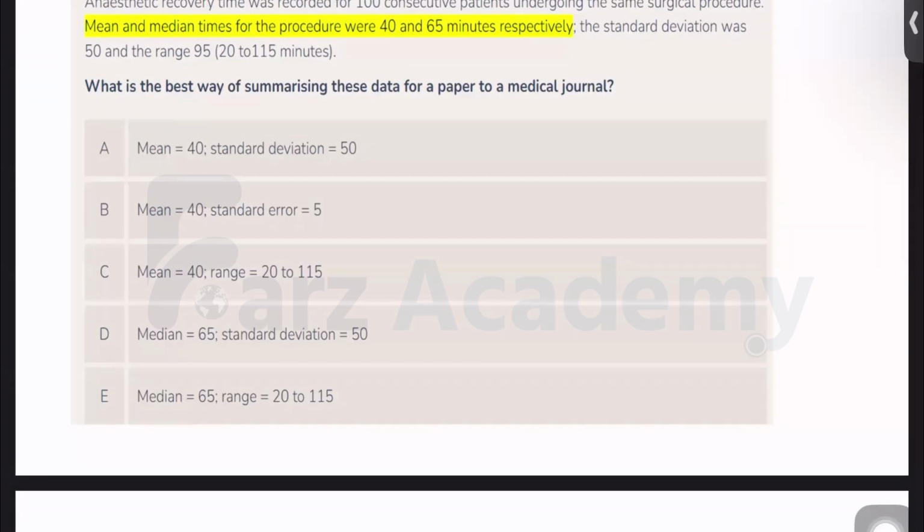To summarize something, a better summary is always given when you have a range or when you have one absolute value. So anything apart from that absolute value will not be covered, no? If you give one absolute value, right? Okay. So the best way to summarize any skewed data, the first thing is always median.